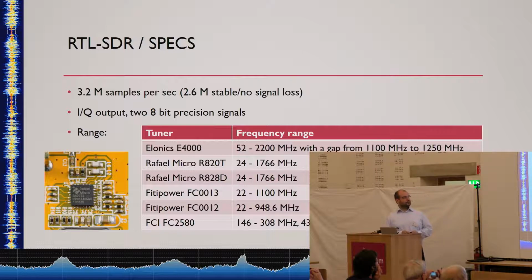Other than the frequency, the other defining specs are the sample rate that this device can achieve, that goes up to 3.2 million samples per second. However, at this sample rate, you have some signal loss. So 2.6 million samples is the highest achievable sample rate with no signal loss. The signal itself is composed of two 8-bit precision signals, and later, I'll show you a couple of demos.